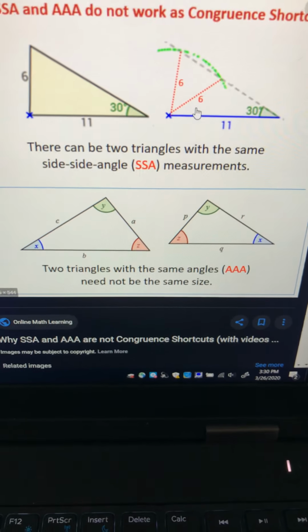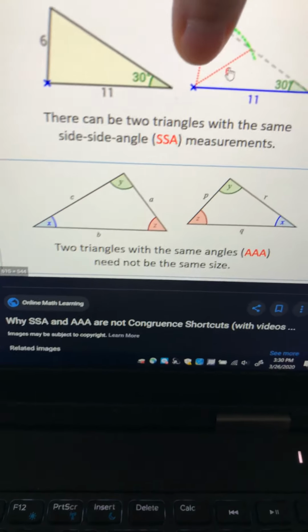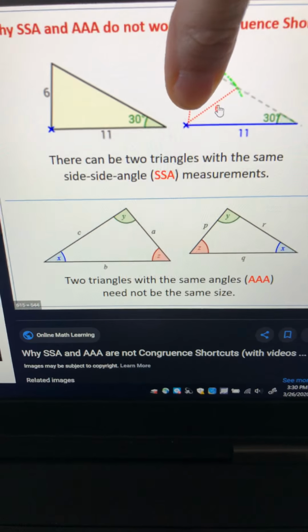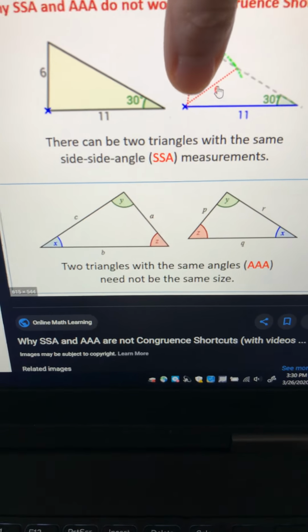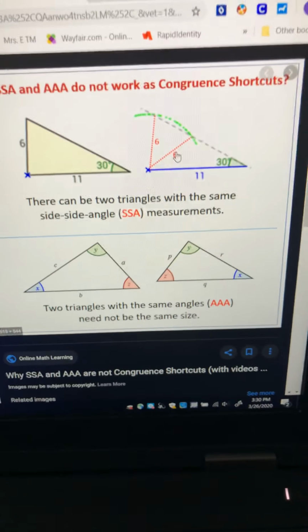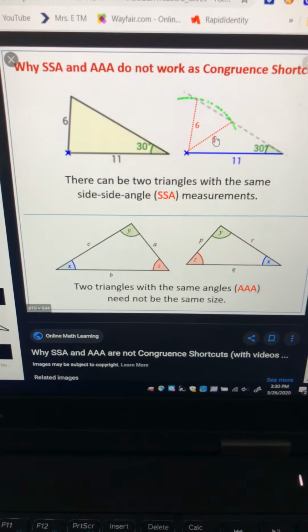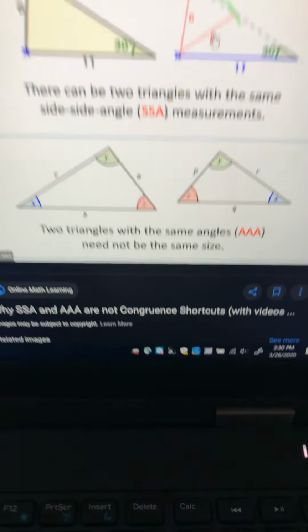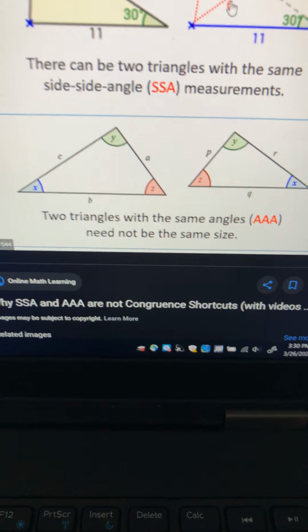It could make this triangle right here, okay, which is not the same. Or it can make that one, which is the same. So we don't know which one is exactly. So we cannot say it's congruent by side, side, angle. And the other one, again, shows you the similar figures of angle, angle, angle. So no buts in geometry, spell bad word. There is not enough info for either of these.